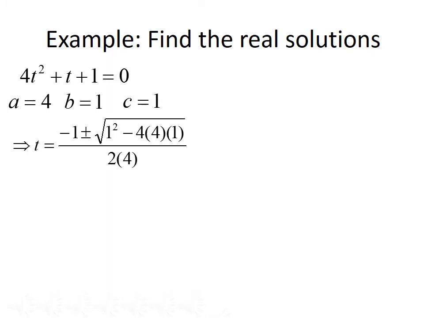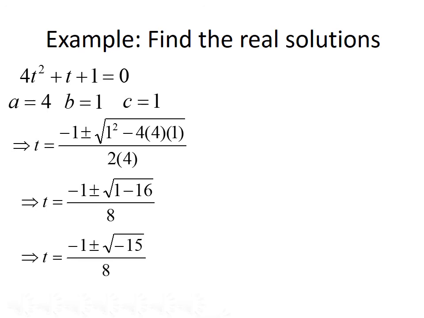That'll give us t equals negative 1 plus or minus the square root of 1 squared minus 4 times 4 times 1 all over 2 times 4. If we simplify the exponents and the multiplication, this gives us negative 1 plus or minus the square root of 1 minus 16 all over 8.